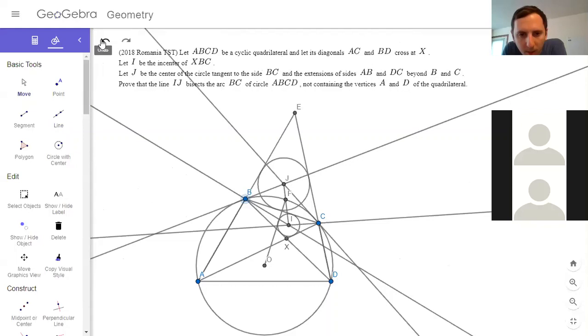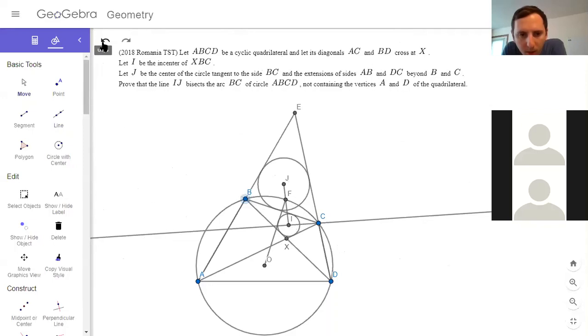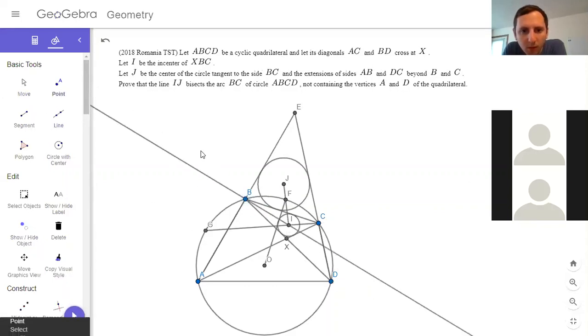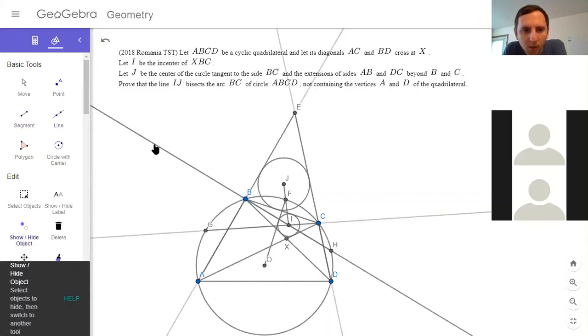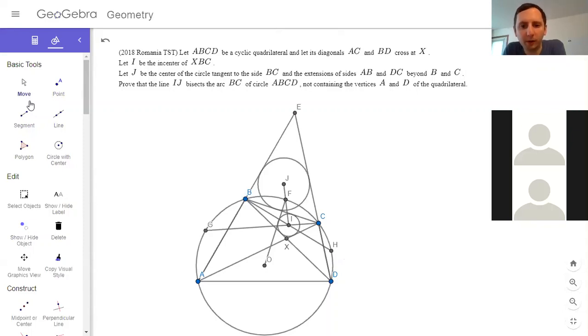All right. G and H are the midpoints. Yeah, I wonder, let's see.